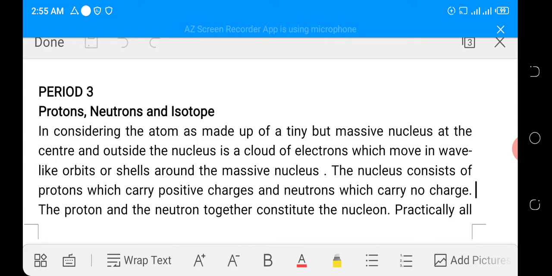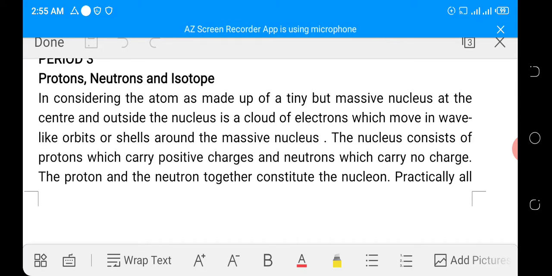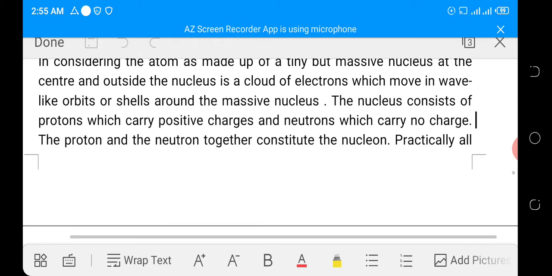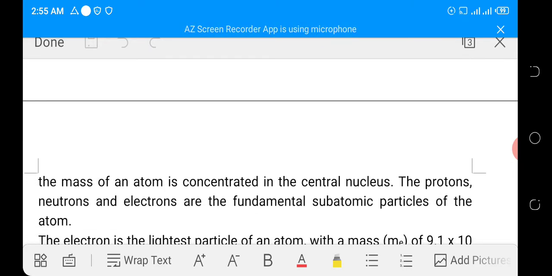The nucleus consists of protons which carry positive charges and neutrons which carry no charge. The proton and the neutron together constitute what we call the nucleus. Practically, all the mass of an atom is concentrated at the center.